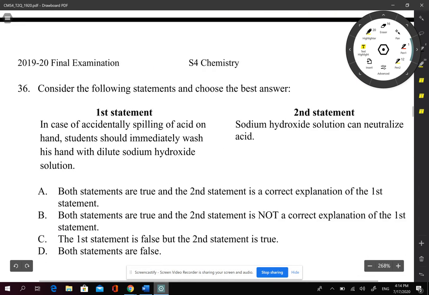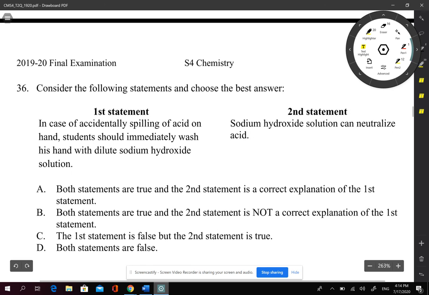Okay, the last multiple choice question. The question asks about accidentally spilling acid on the hand, so we use sodium hydroxide to wash it. I've told you, always remember, never treat a wound hurt by acid by washing it with alkali, or vice versa.